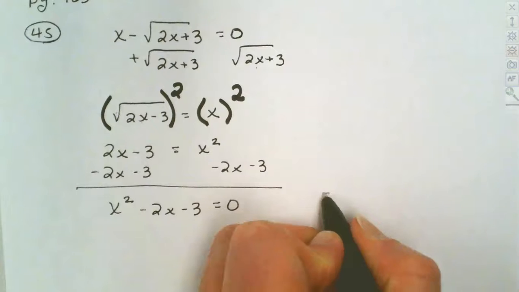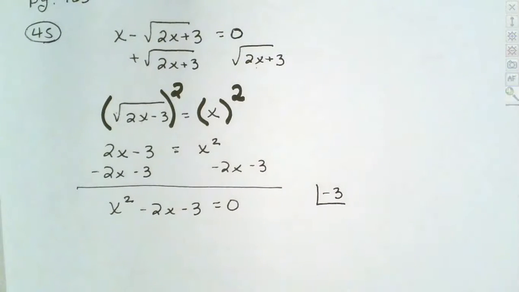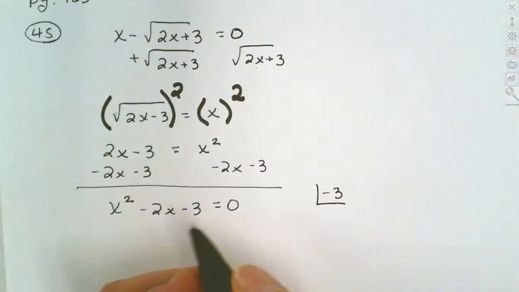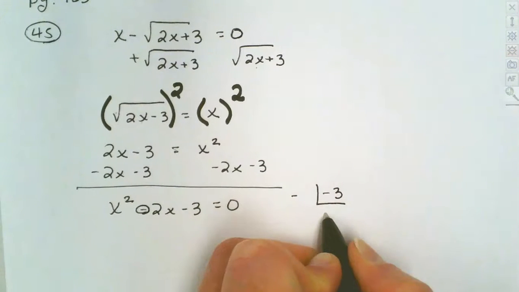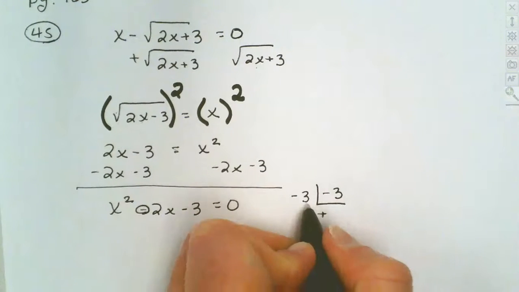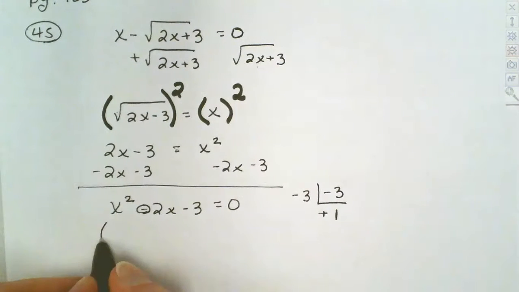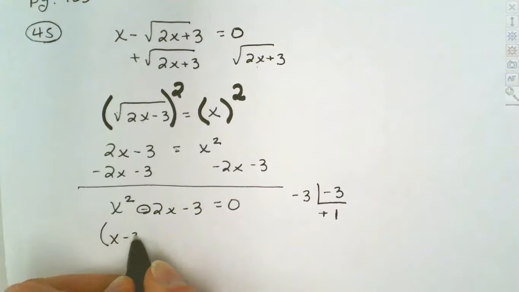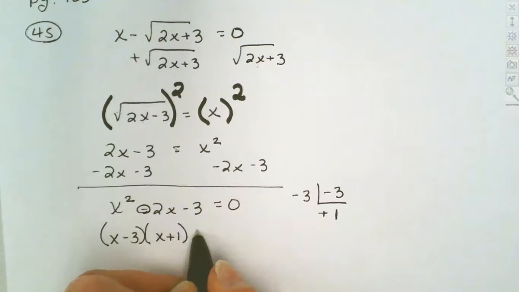First times the last is a negative 3. Negative means we have one number positive, one number negative. Larger number negative, so we use a negative 3 and a positive 1. So that then factors directly into x minus 3, x plus 1 equals 0.